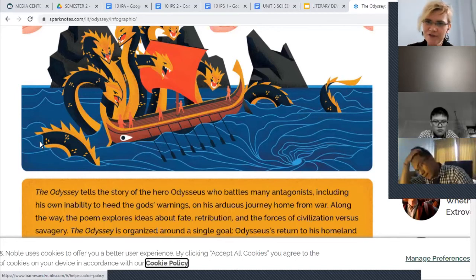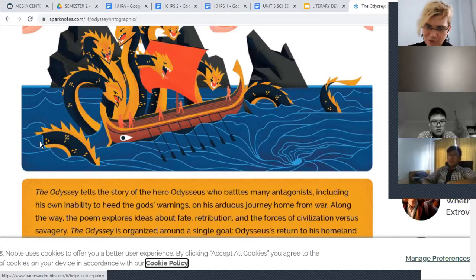Now, Odysseus. The whole story of the Odyssey is that Odysseus is a king of his island. He has a big estate. He went to Troy to fight the battle, and he wins. And then on his way back, he was supposed to do certain sacrifices to the gods, and he did not do that. So the gods became angry, and on his way home, he got shipwrecked.